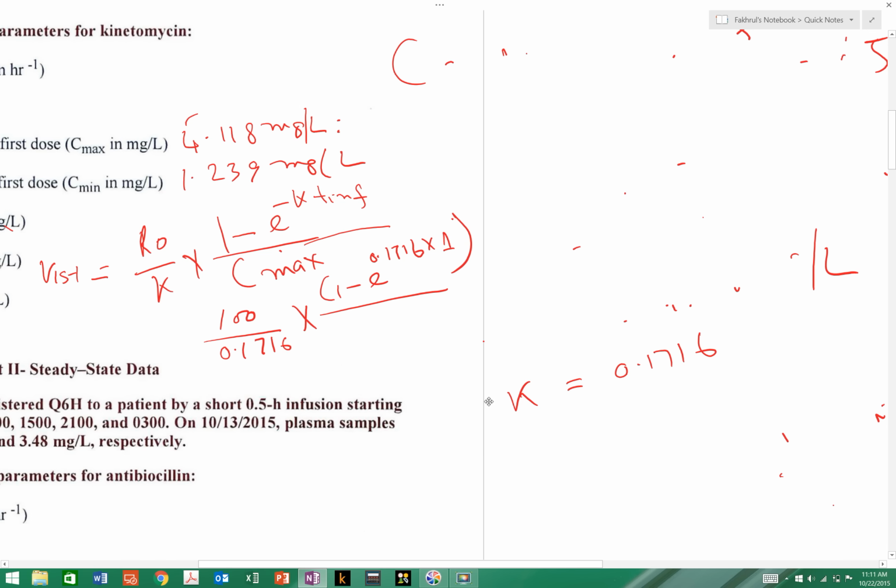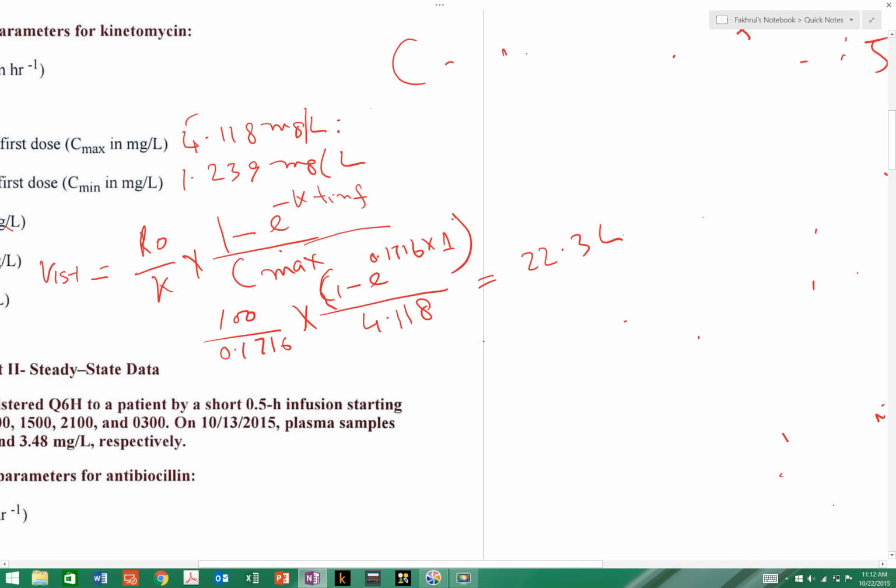Time T is 1. This is a parenthesis. And then we have Cmax, which is 4.118. So you do this calculation, use your calculator or Excel sheet. I have a fancy app which I use to do this calculation. It is 22.3 liter.